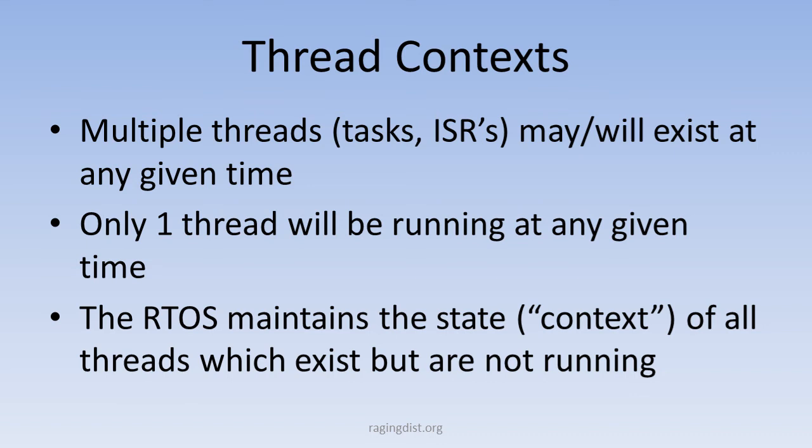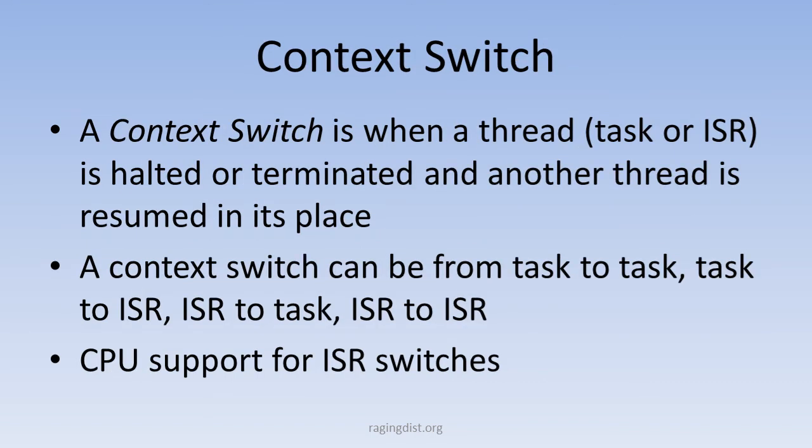Of course, it's not just RTOSs which maintain this state. The more advanced operating systems, like Linux and Windows, have to do the same thing. As I've been saying, the context switch occurs when one thread is halted and another thread is resumed in its place.